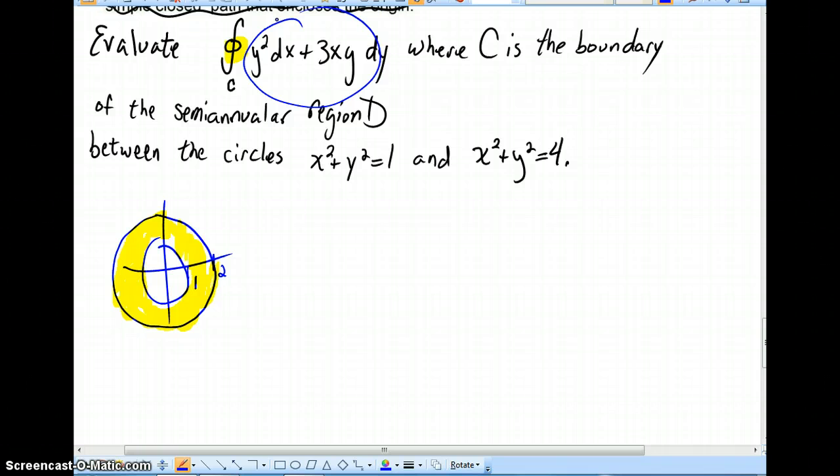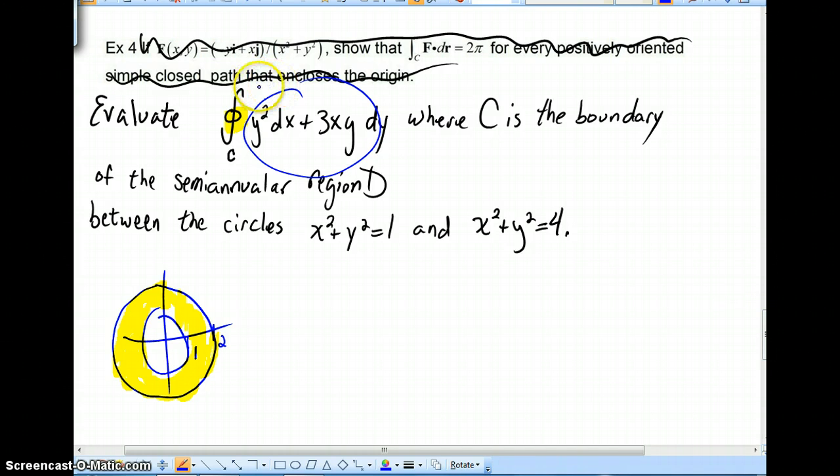But my goodness, if we were to use Green's theorem, real quickly, let's remember what's happening. Up here we have P dx, Q dy. Because we have a positive orientation, we're going to have a double integral, and we're going to have, thank goodness, partial derivative of Q with respect to x minus partial derivative of P with respect to y.